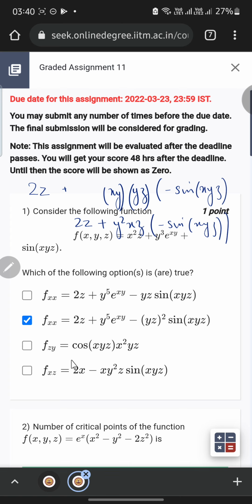Awesome, it's perfect. We can rewrite this as 2z minus x y square z sine xyz. Seeing from our result, we can surely say that the second and fourth options are correct.